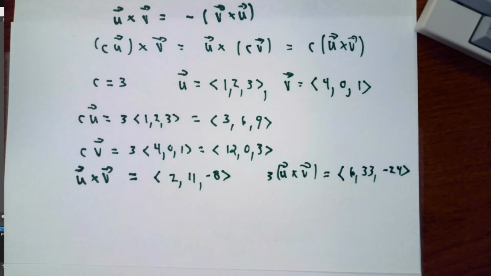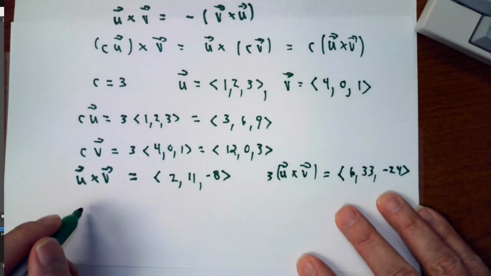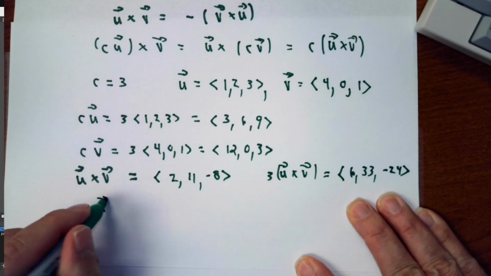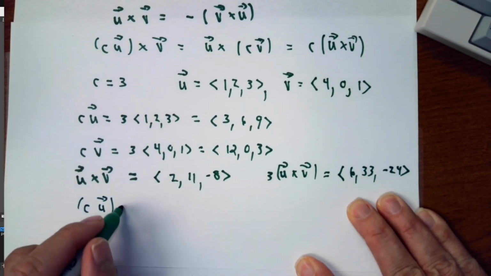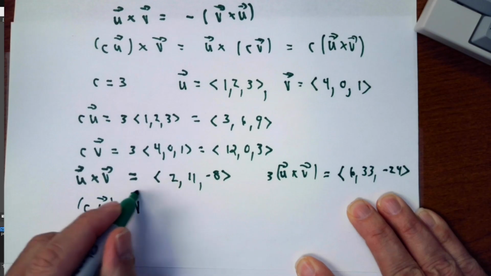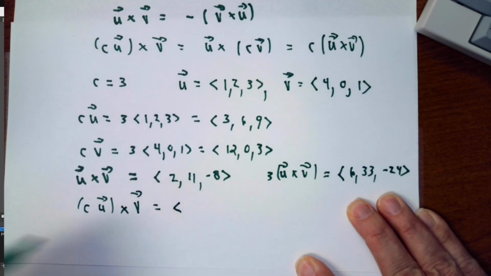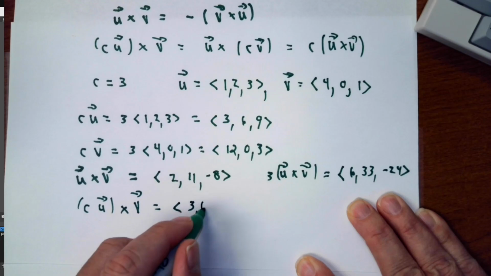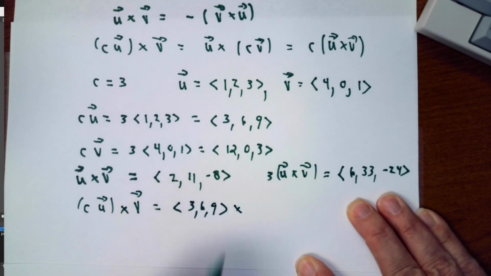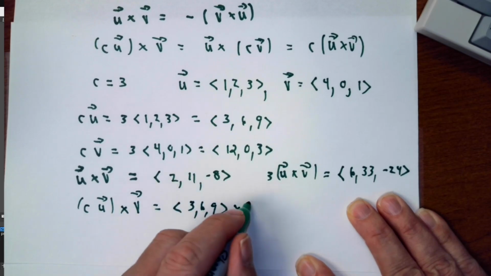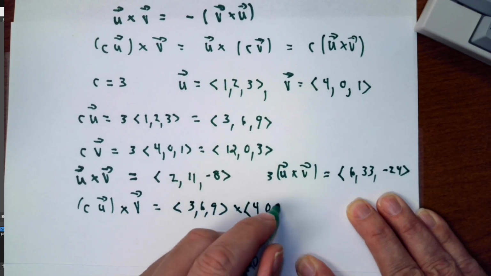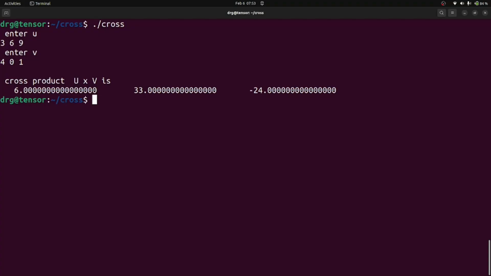By way of comparison, the number c times vector u, cross product with vector v, is 3, 6, 9 cross product with v, which is 4, 0, 1, which again is 6, 33, negative 24.